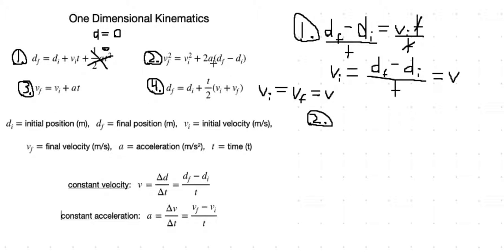So for equation 2, if we set a equal to 0, this last term here is going to be 0. So then we just have vf squared is equal to vi squared. And now we could just square root both sides.